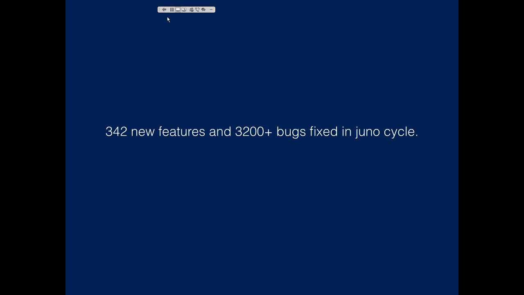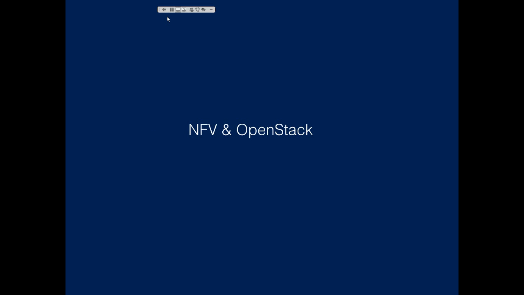That's a lot of work. The main focus of this release was stability and making rolling upgrades easy. There was also a focus on the NFV side of things, especially on the compute side as well as on the network side. The focus was basically on making these virtual machines highly performant.